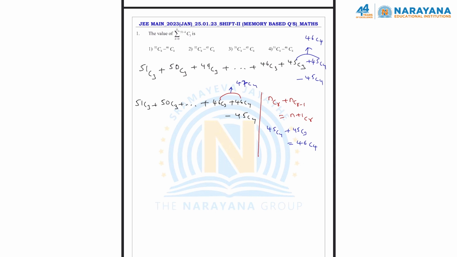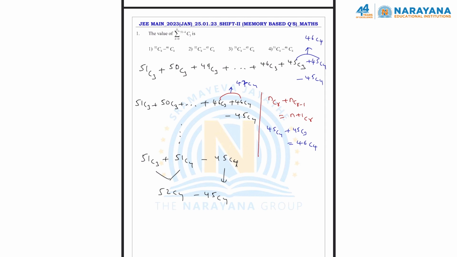If we repeat this process, at last we will get 51 C3 plus 51 C4 minus 45 C4, because before this term we will have 50 C3 plus 50 C4, which will be 51 C4. Then 51 C3 plus 51 C4 will give 52 C4, and this will be minus 45 C4.